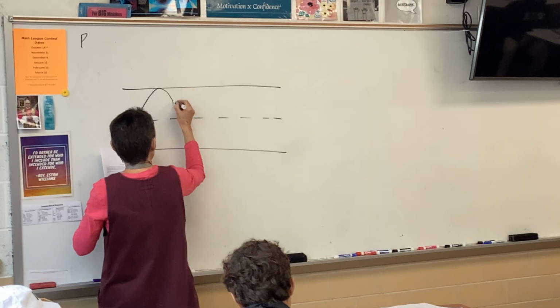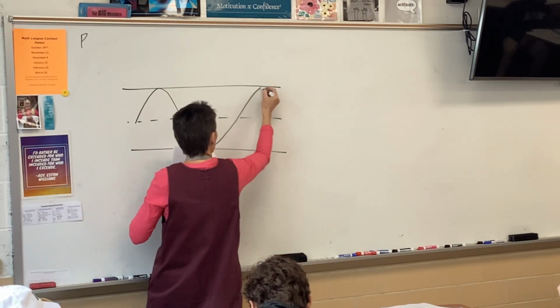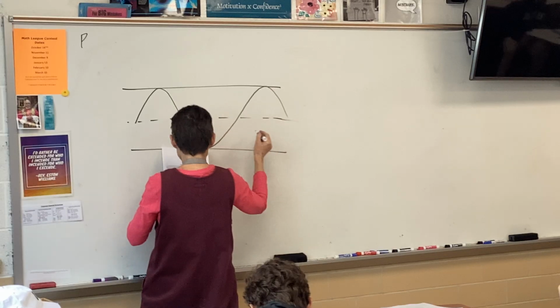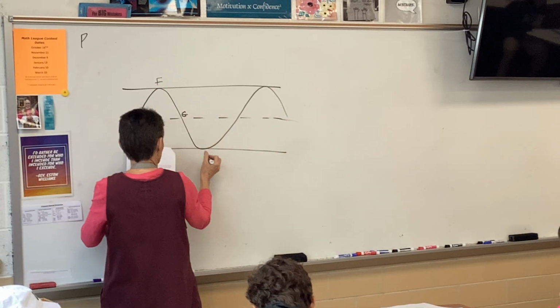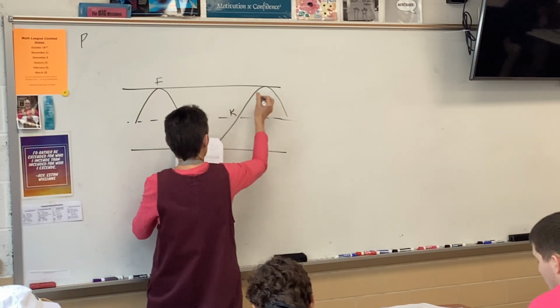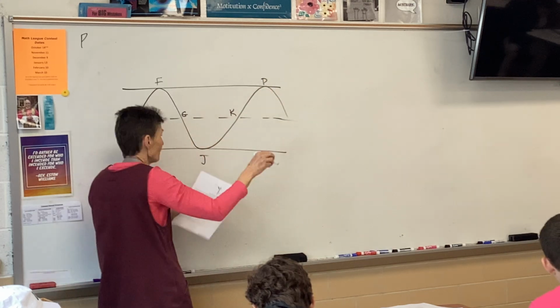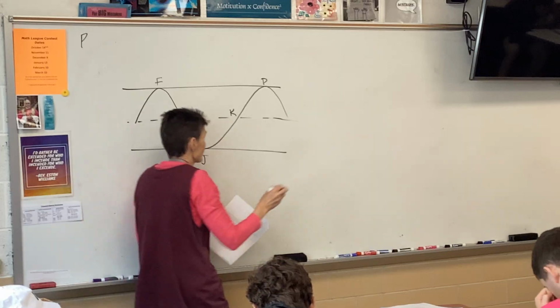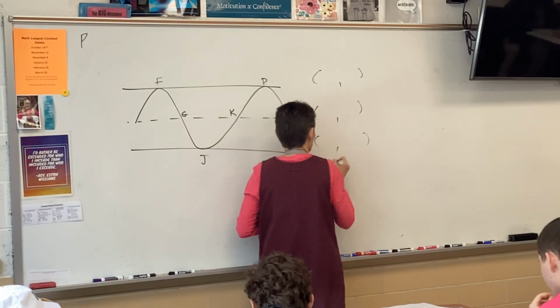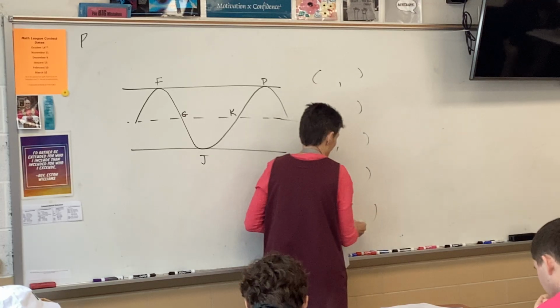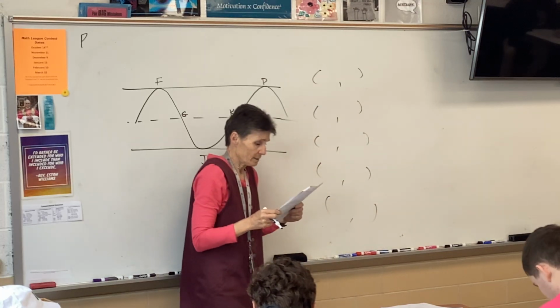So while I'm drawing it, you go ahead and read through the problem and see if you can start making up a list of points. We're not plotting them yet. We're just looking at the given situation and seeing if we can come up with some points.